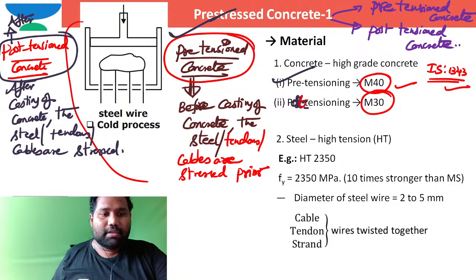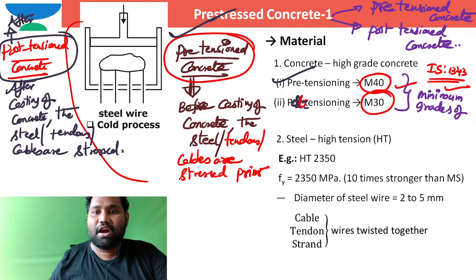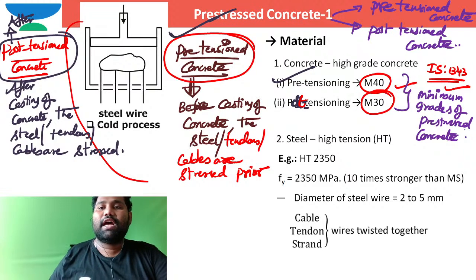These are the minimum grades of pre-stressed concrete: one is pre-tensioned concrete, the second one is post-tensioned concrete.